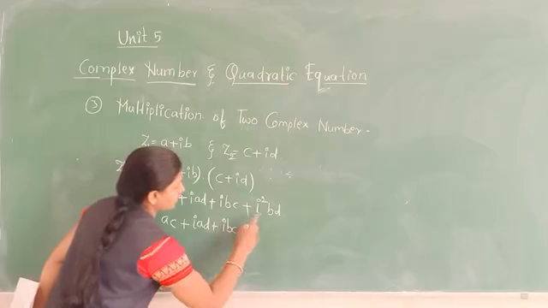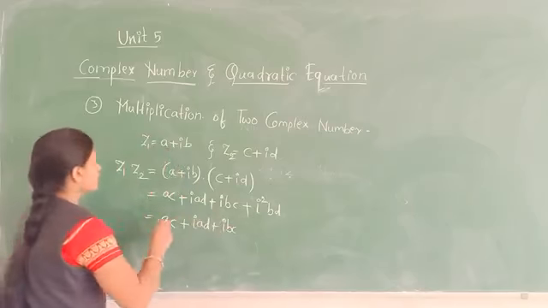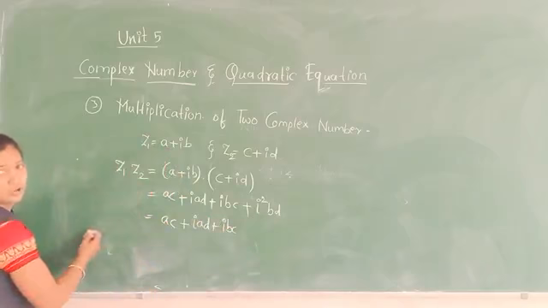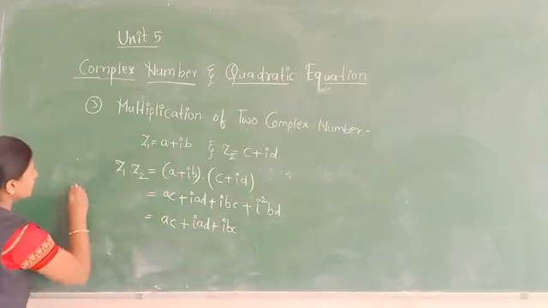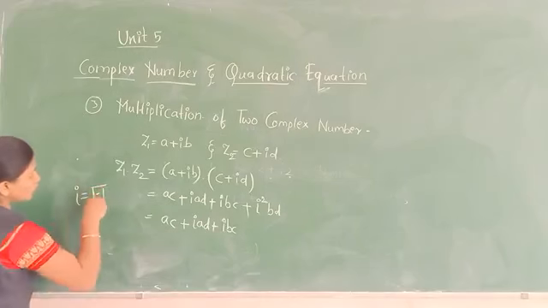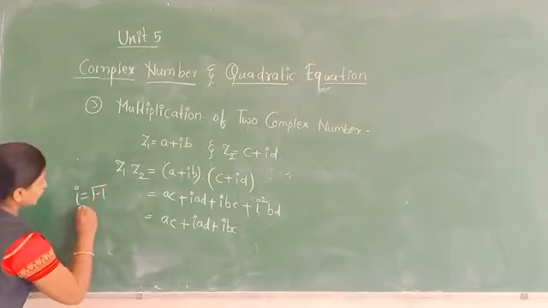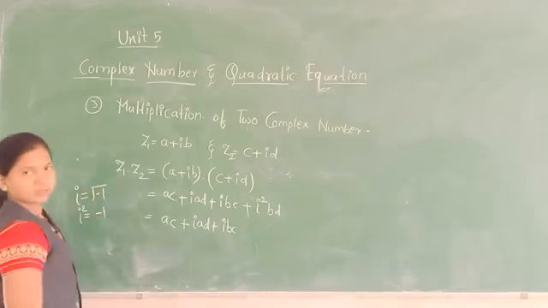So that is ac plus iad plus ibc plus i square bd. Here the value of i square: you already know that the value of i is root minus 1. Therefore i square is equal to minus 1. Right?